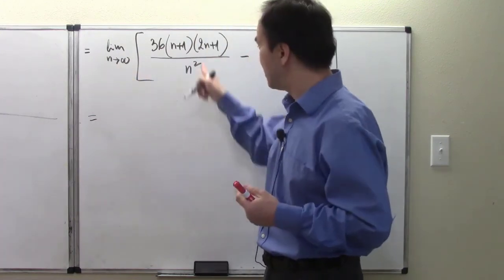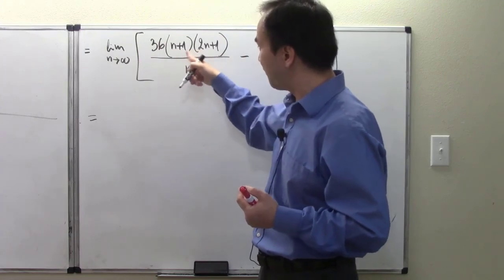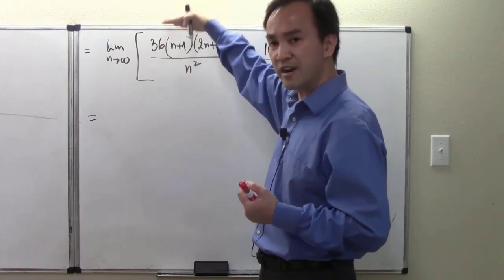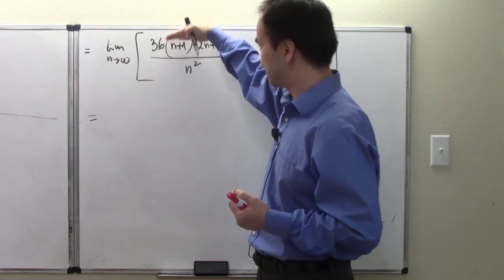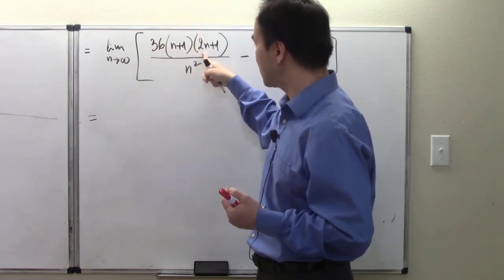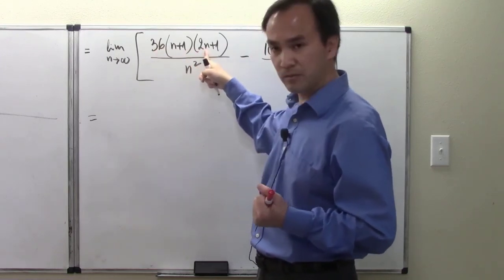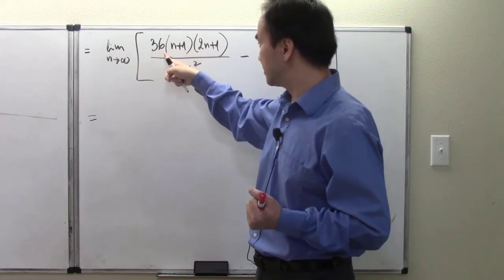As n increases to infinity, on the first term here, even though it's in factor form, I expect that the numerator is a polynomial of degree 2. The overall leading coefficient must be 72, because the 36 will eventually multiply with that 2 and with this n.